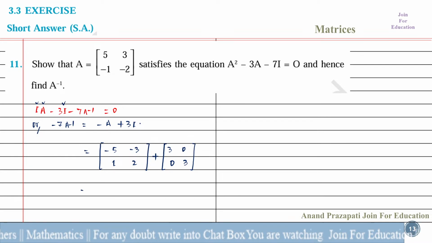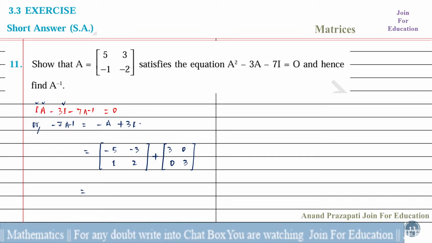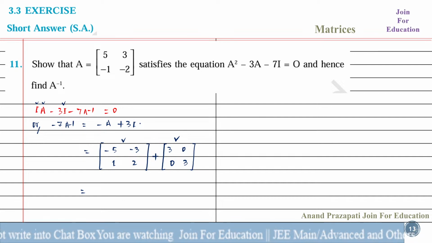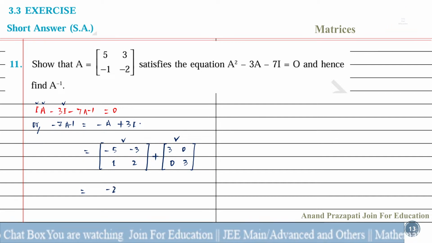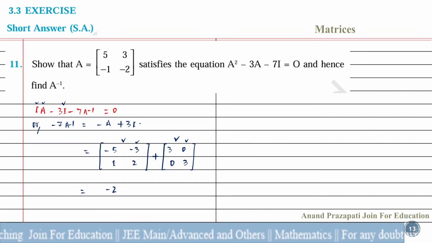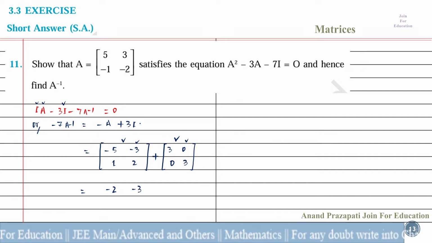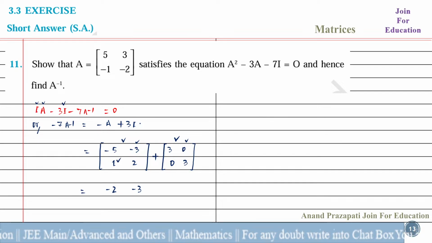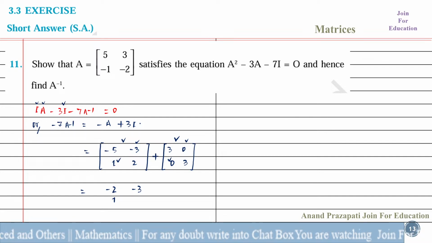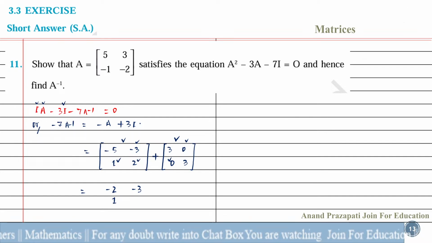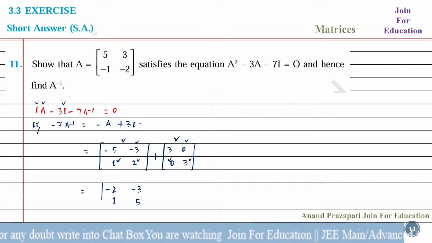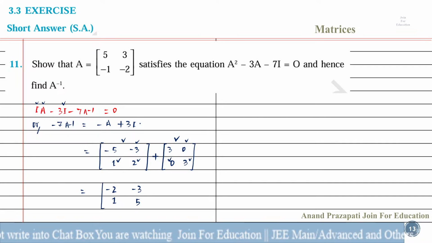Addition of these two matrices will be minus 5 plus 3 equal to minus 2, minus 3 plus 0 equal to minus 3, 1 plus 0 equal to 1 and 2 plus 3 equal to 5. Is there any problem to understand up to this step?